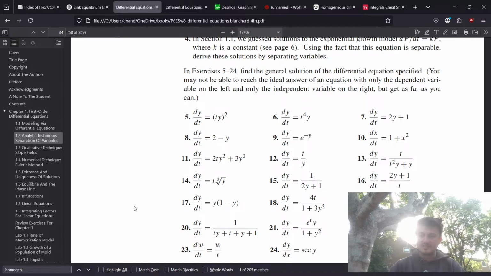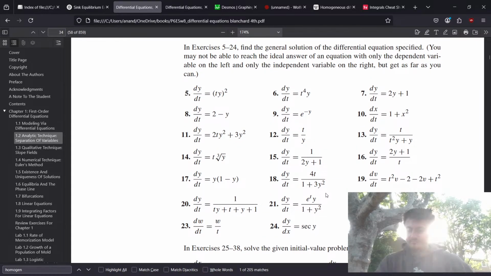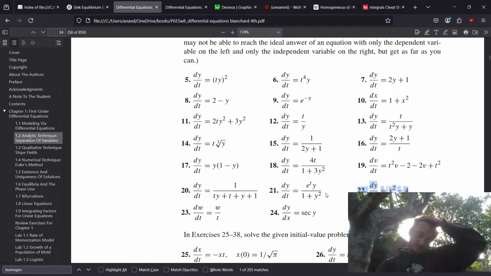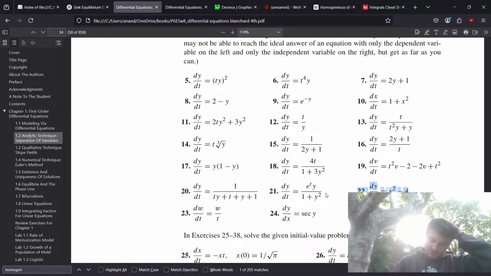But we should get to some of the harder ones. See, like this one, if I get something like this, I know it's going to be something arctan, but I just don't know the rule. dy over 2 minus y is equal to dt. So what we're going to have to do here is a minus 1 integral.